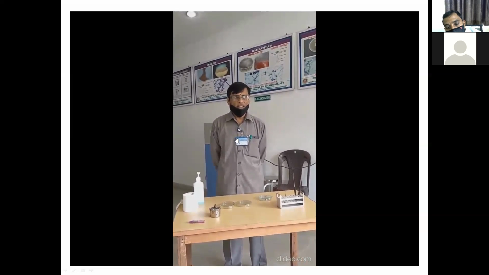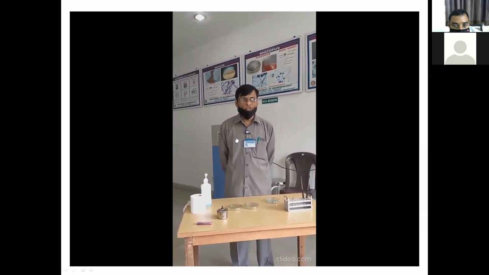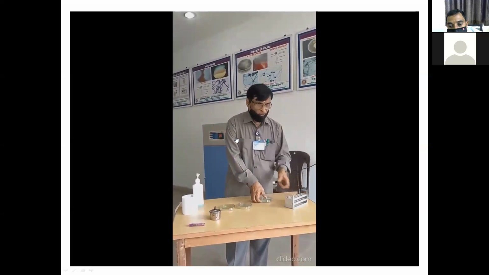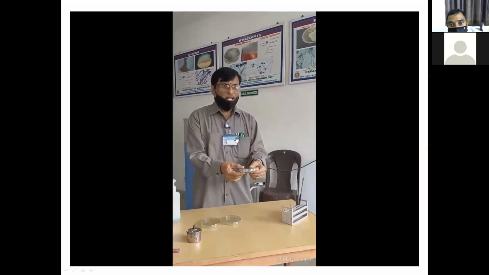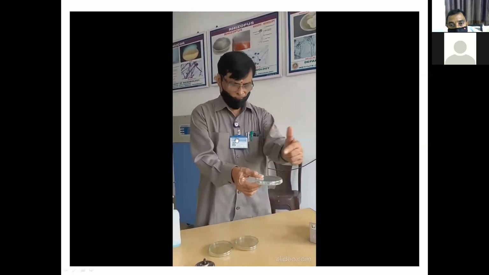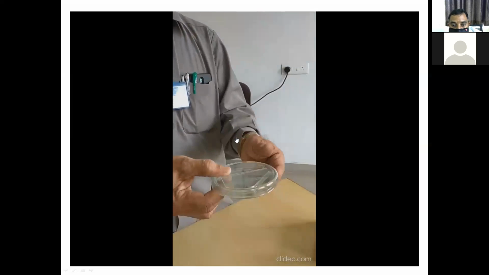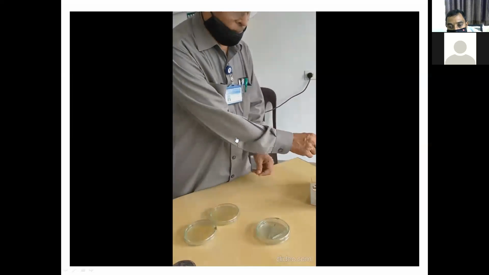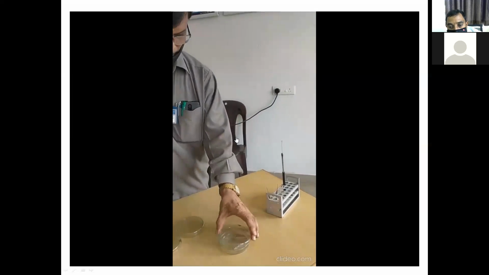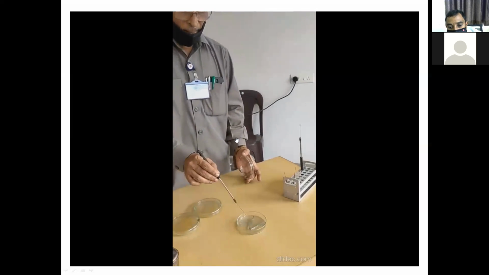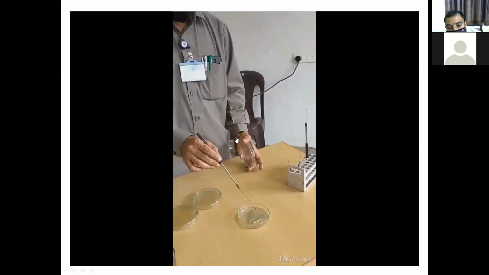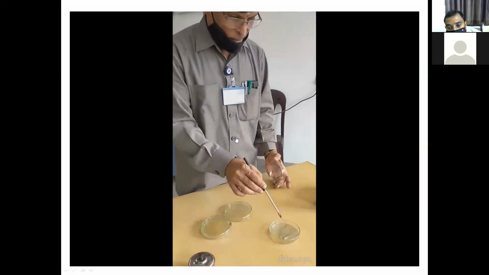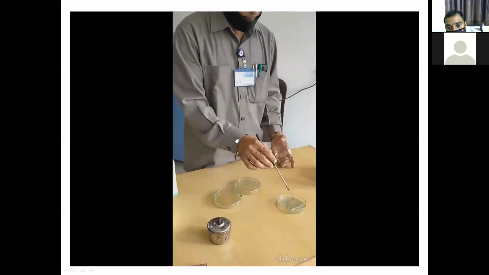Now, what is the slide culture technique? What are the requirements? We will see now. First, we have a sterile slide culture plate, in which you have a V-shaped glass rod and sterile slides, and inside you have cover slips.